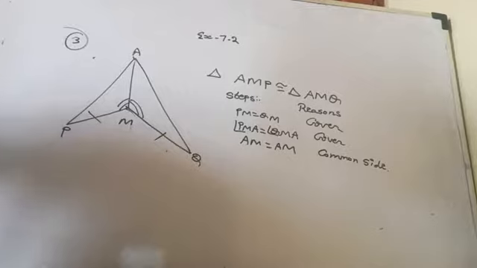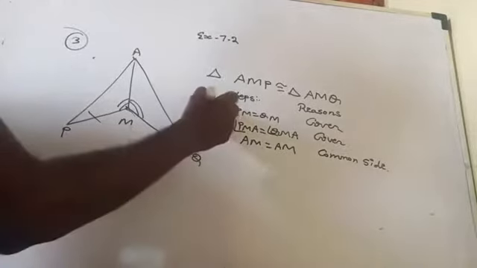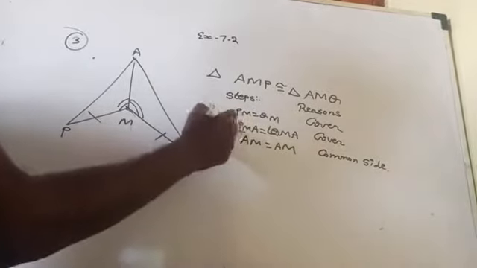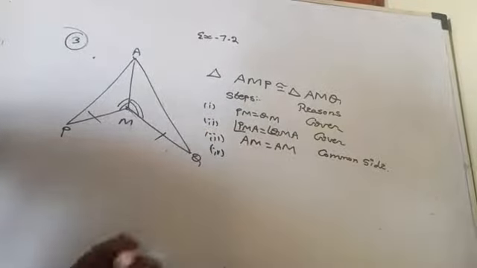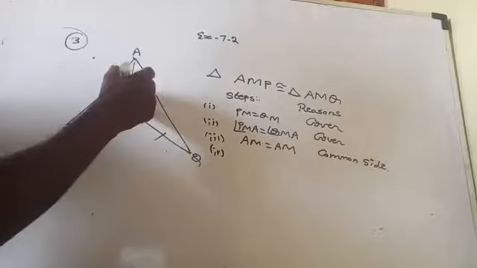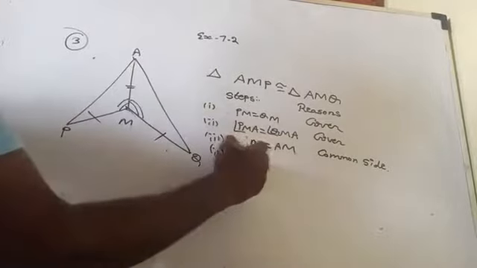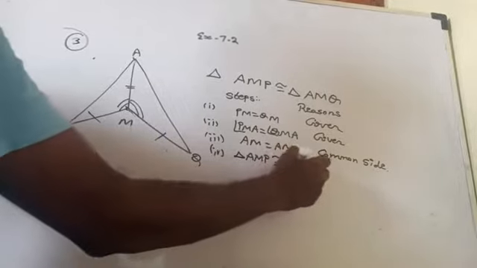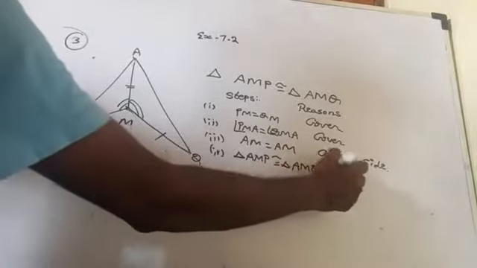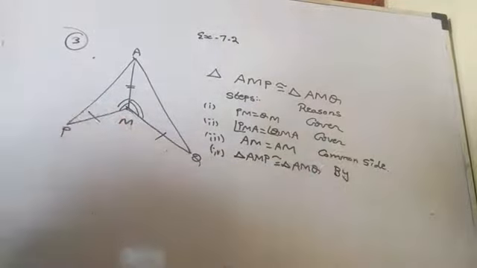And then after that, triangle AMP is congruent to triangle AMQ by which congruence rule? Tell me.